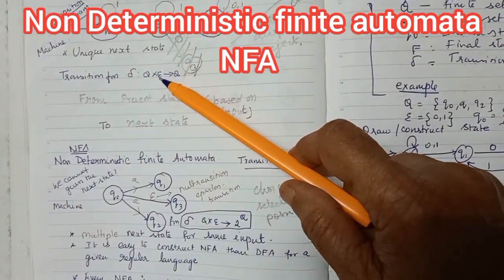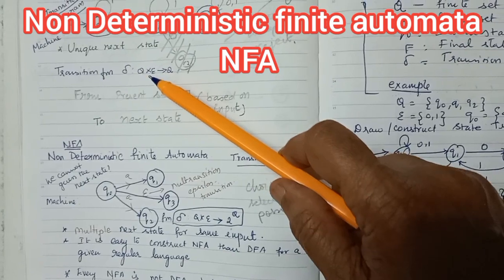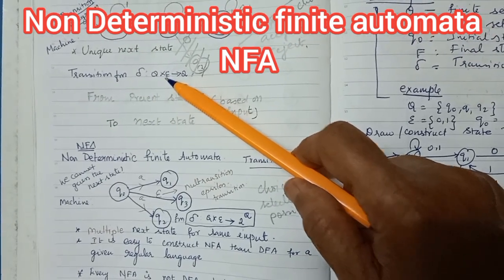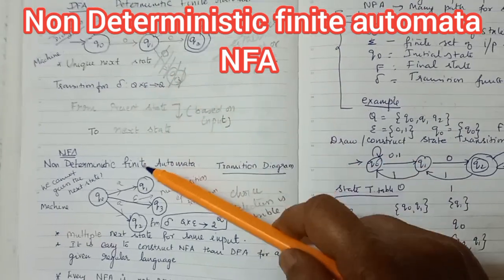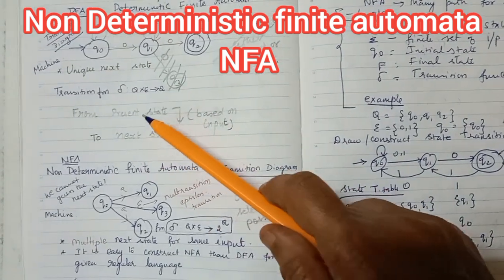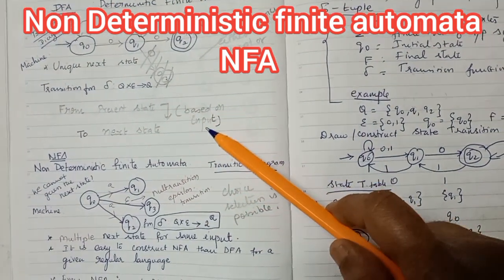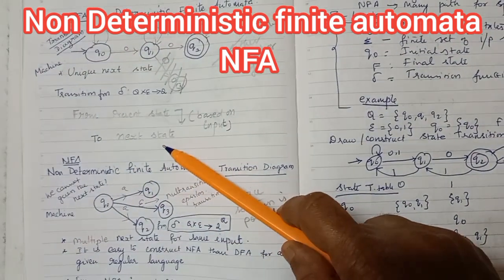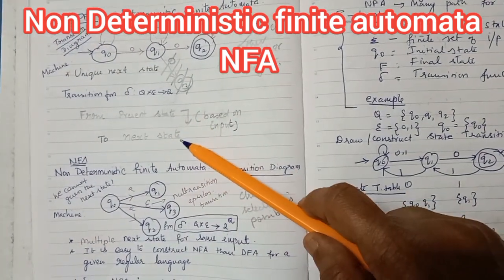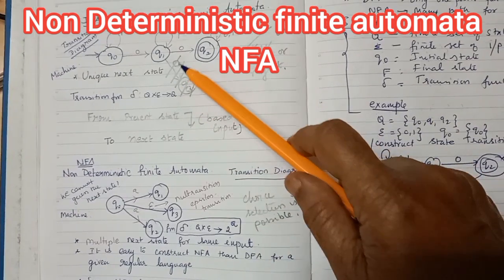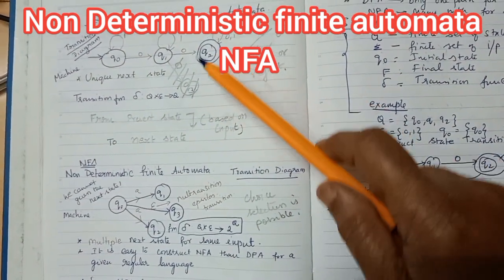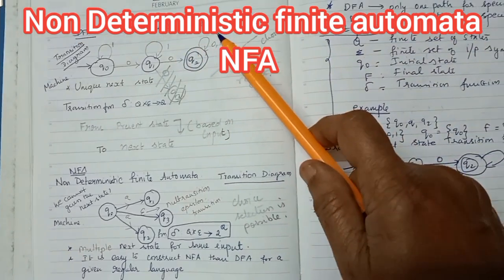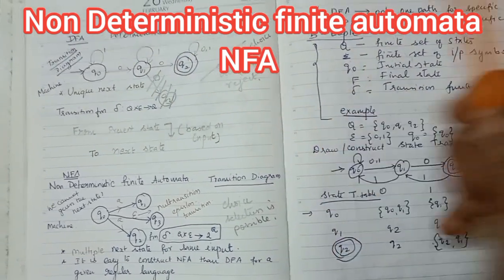A particular state with a particular input leads to another state. So from the present state, based on the input, we move to the next state. For the same input, no two different output states are allowed. This is a deterministic finite automaton.